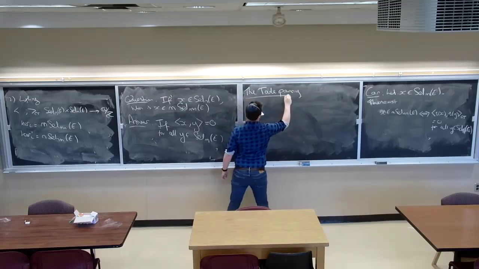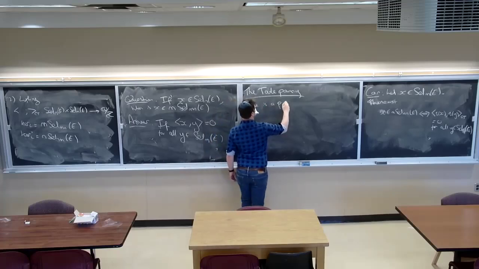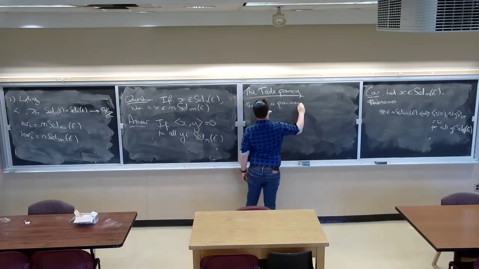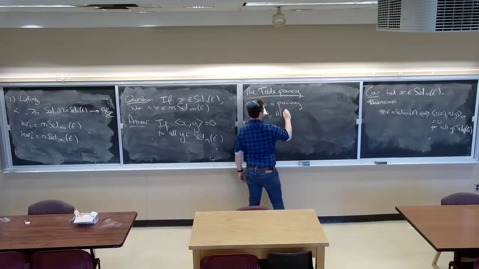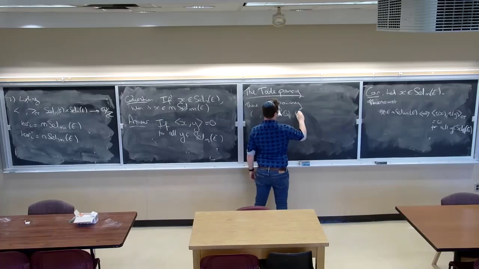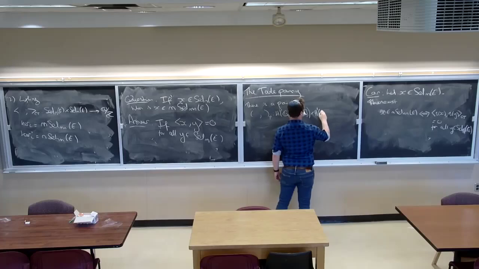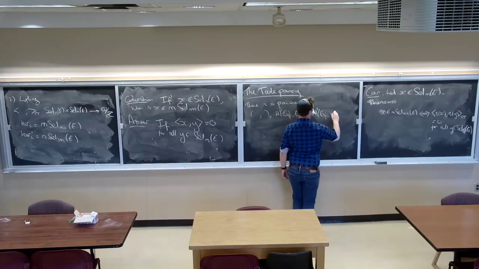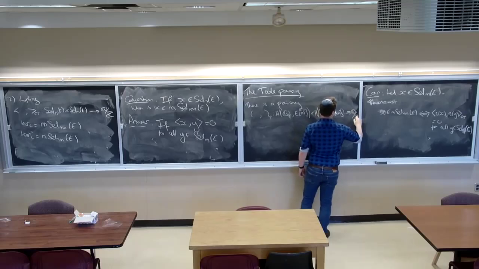So there is a pairing, which I'm going to denote by angle brackets with a P, that goes from H1(Q_p, E[m]) cross H1(Q_p, E[m]) to Q/Z.